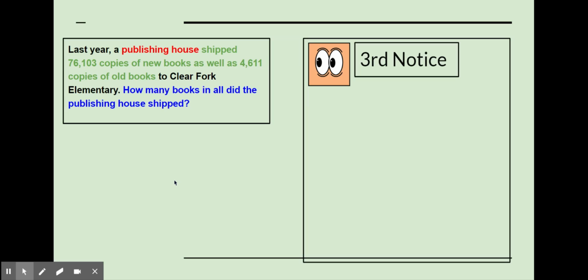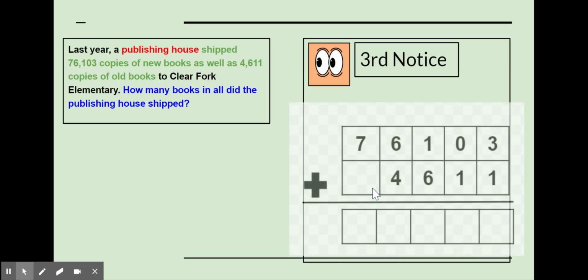In our third look is where we're going to solve the problem. And we know that we're going to add based on our model in our second look. So we are going to add 76,103 plus 4,611. And when you write your problem, you need to make sure that you are stacking and lining up your place values. So we're going to add starting in the ones place.